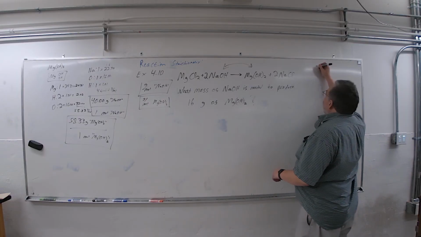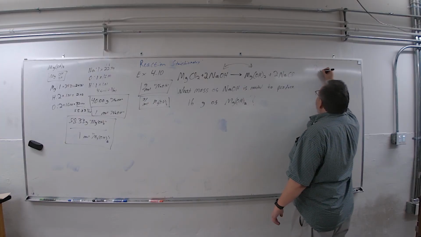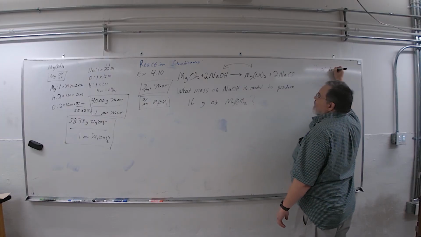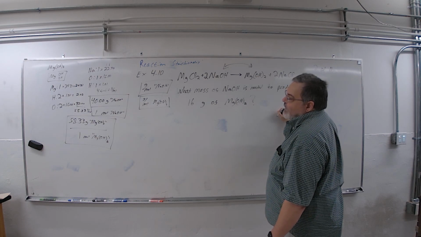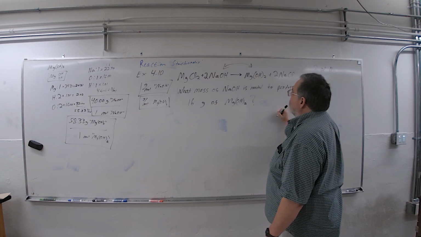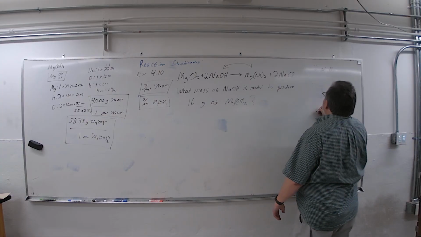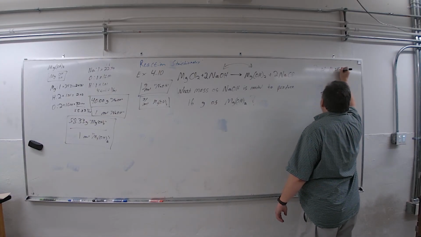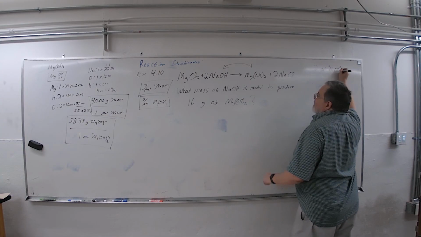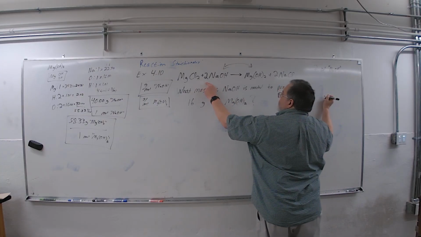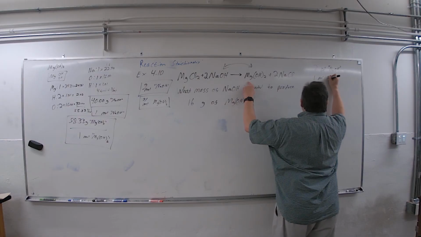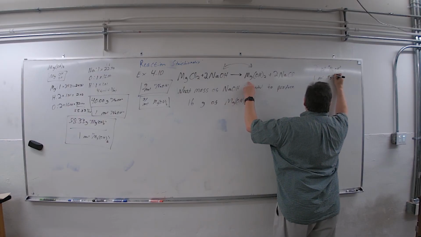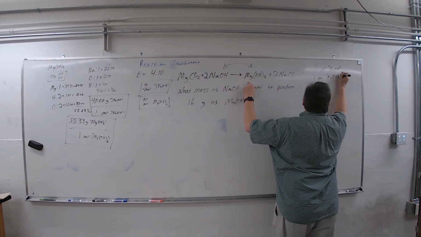So the relationship we want is Mg(OH)2 and NaOH. 2 moles of NaOH to 1 mole of Mg(OH)2.